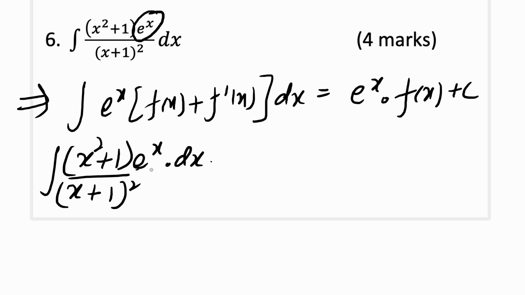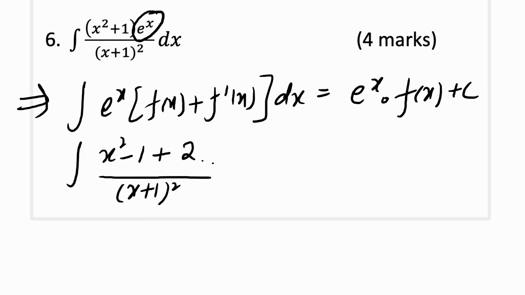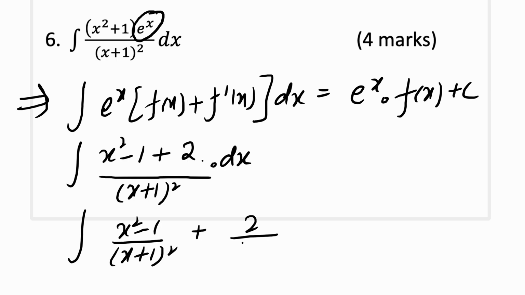Okay, so I have written it like this. I will write it in the next step as x square minus 1 plus 2 upon x plus 1 whole square. Now this is a little adjustment that we are doing to convert it into this form. So what will I get? I will get (x square minus 1) upon (x plus 1) whole square plus 2 upon (x plus 1) whole square, dx.